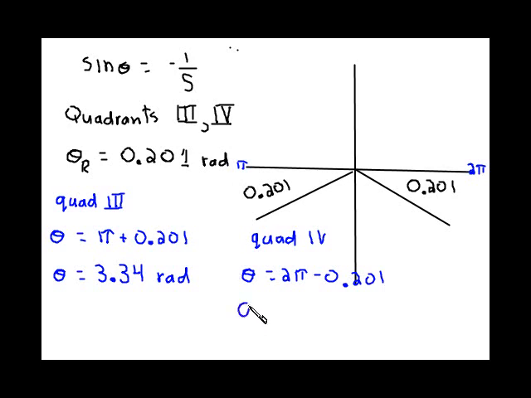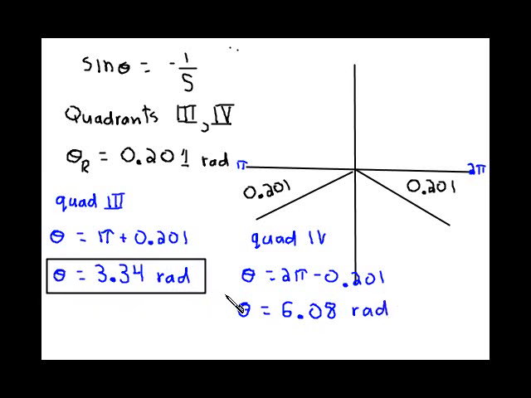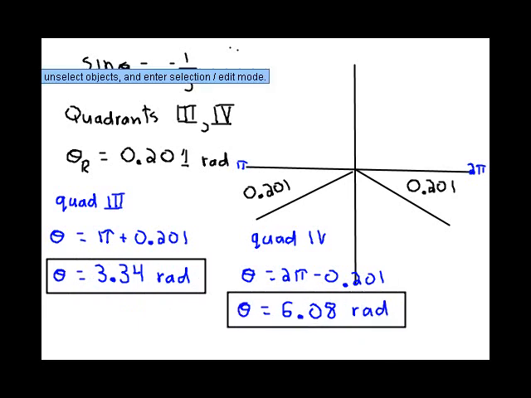This is going to give us theta is equal to 6.08 rads if we take it to 2 decimals. And there we go.